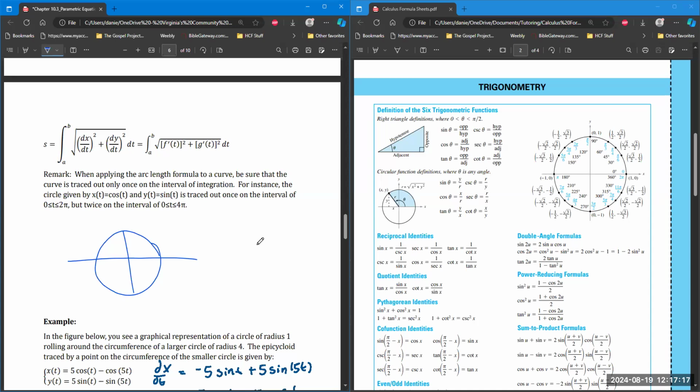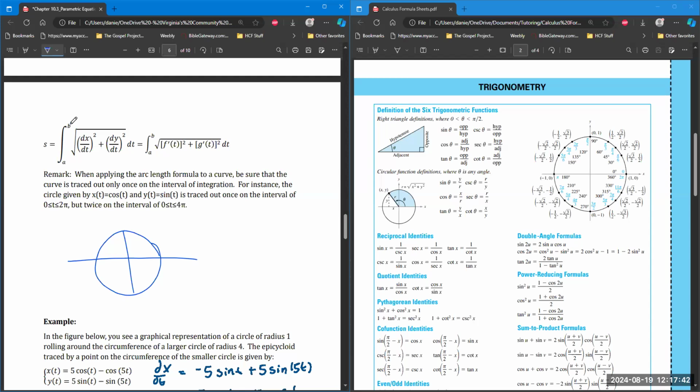In physics, I may want to know what distance a wheel has traveled when it has made 10 revolutions. The upper limit would be something like 20 pi, which would represent 10 revolutions.